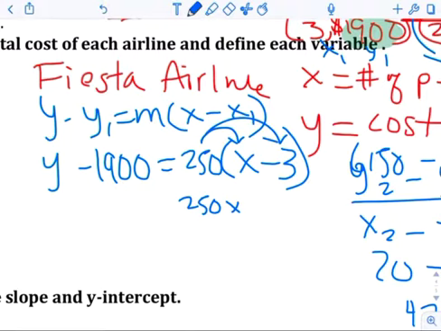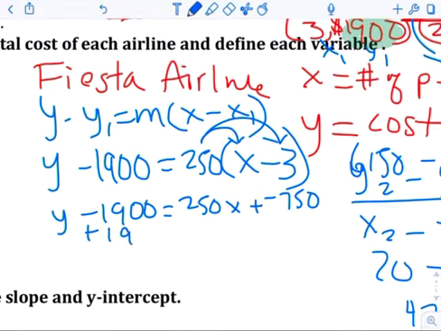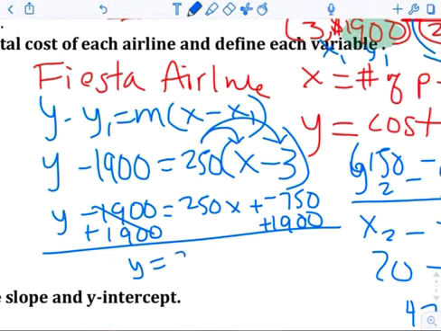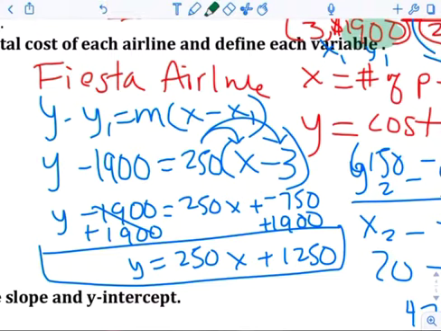That times that, plus a negative 750. y minus 1,900. Add 1,900. y equals 250x plus that much after you subtract it. Positive because the bigger number is positive, right?